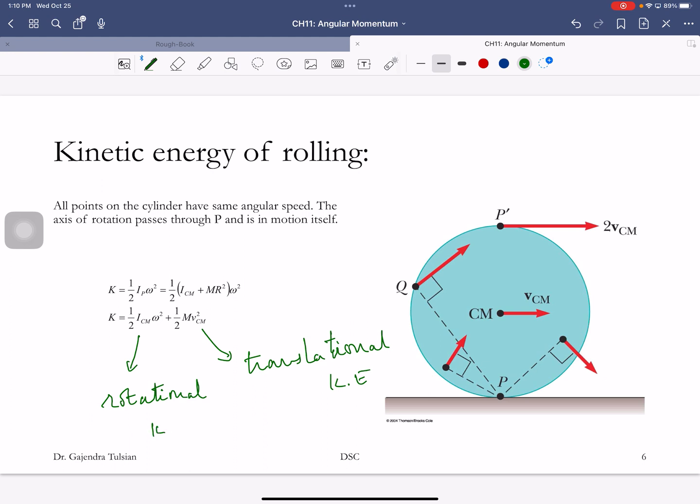So, like we keep saying, rolling is pure rotation plus pure translation.